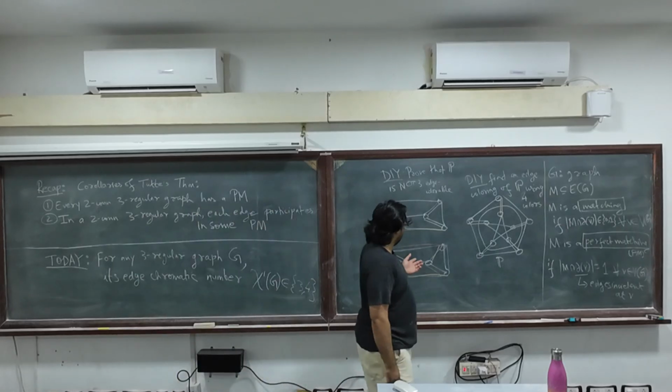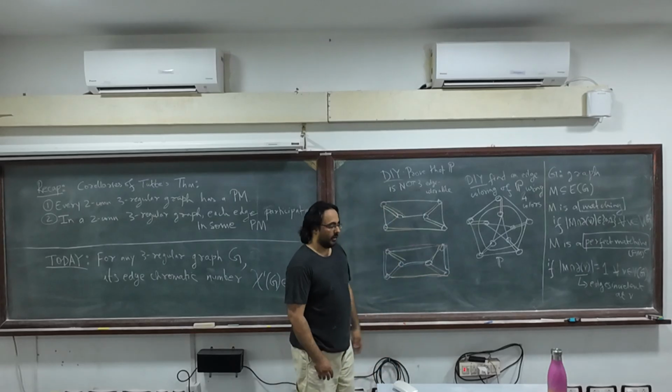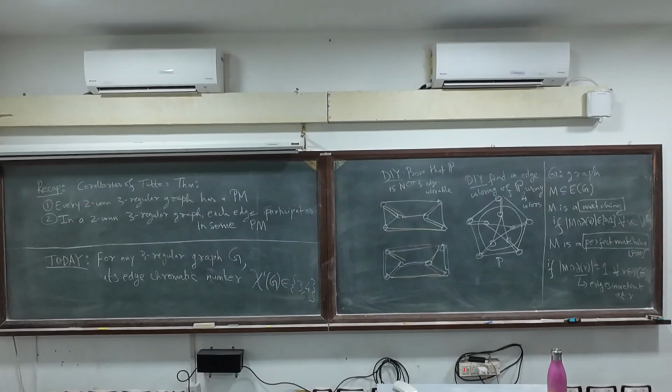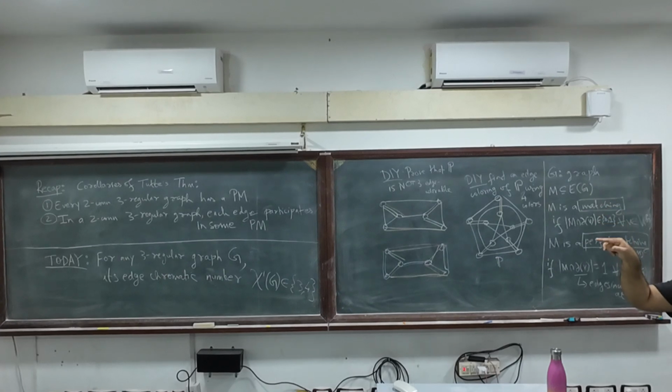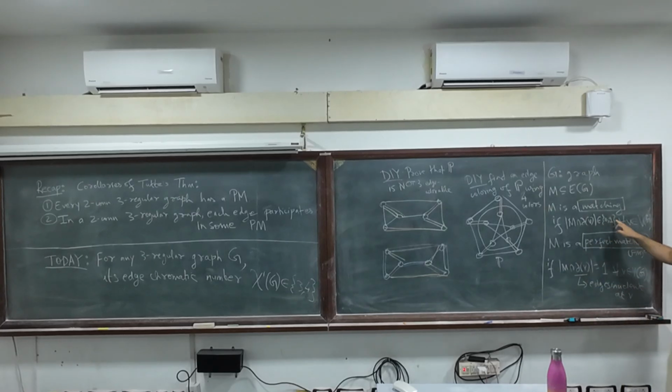So if I look at the yellow edges, here is an edge coloring. If I look at the orange edges, matching, right? You all agree? In any edge coloring, any color class is a matching. Because any two adjacent edges should get different colors. Therefore, the edges that get the same color are pairwise non-adjacent. That's just the definition of matching.